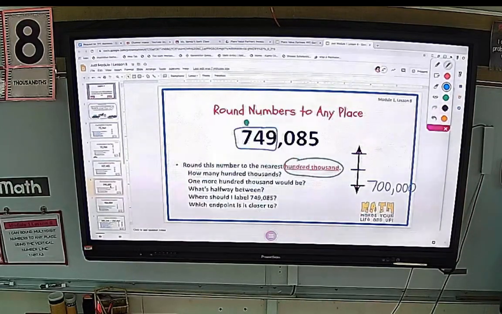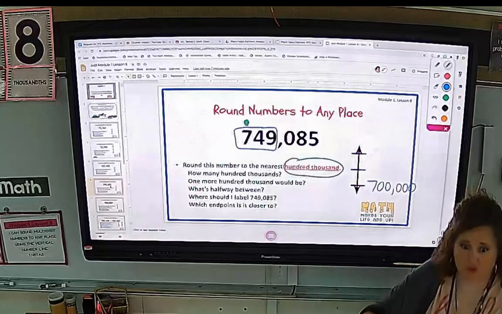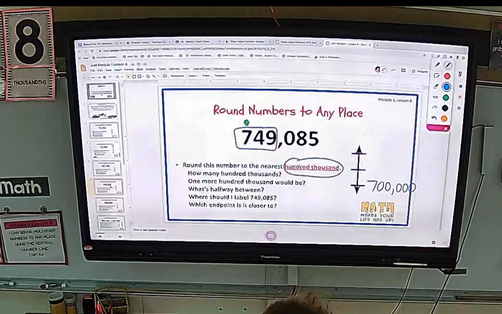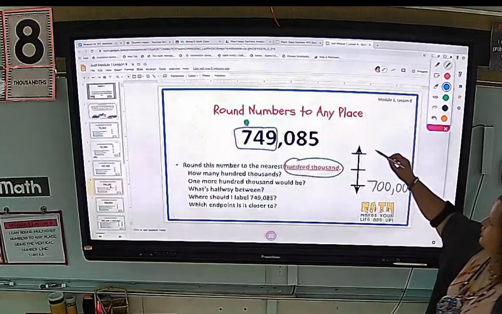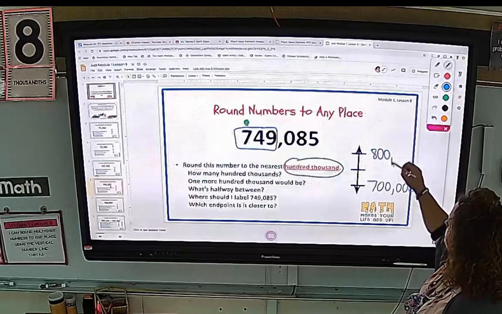That's our bottom number. So you ask yourself, well, what's one more 100,000? I got to keep it in 100,000s because that's what it asks us to round to. What would the number be if we added one more? It would be 800,000. Yes, just one more 100,000.